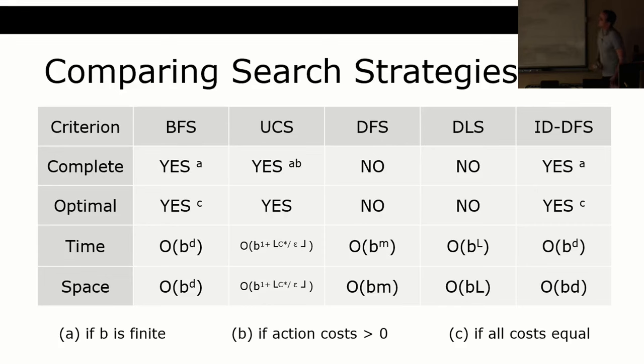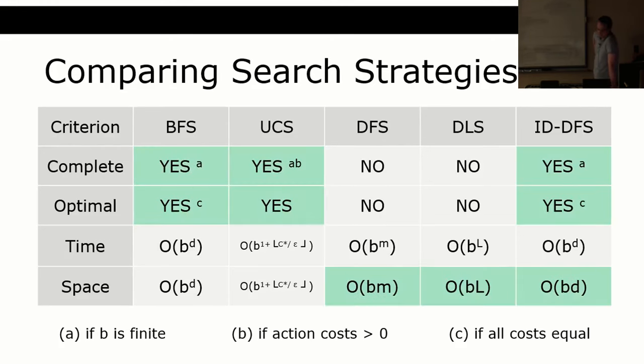So if we compare all these search strategies, we have this nice table of results. I'm going to highlight the good ones here. BFS is complete, and it is optimal if all action costs are equal. Uniform cost search is complete if B is finite and if action costs are greater than 0. And it is always optimal, so that's good.